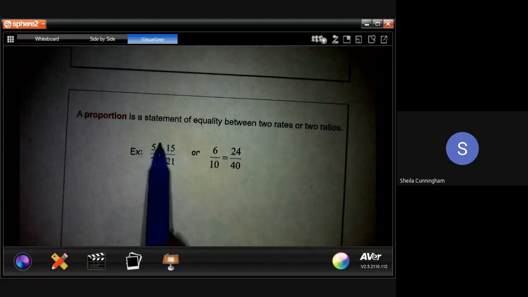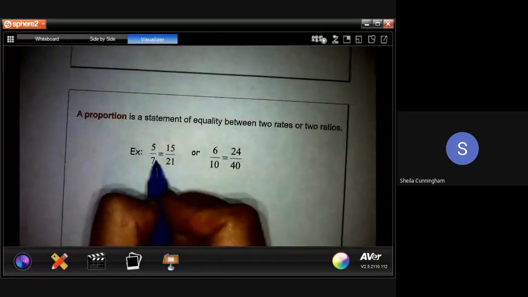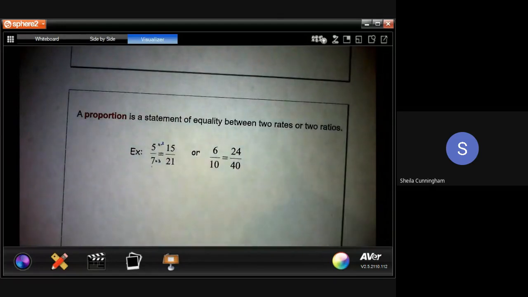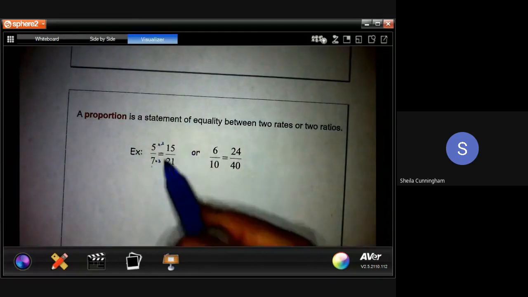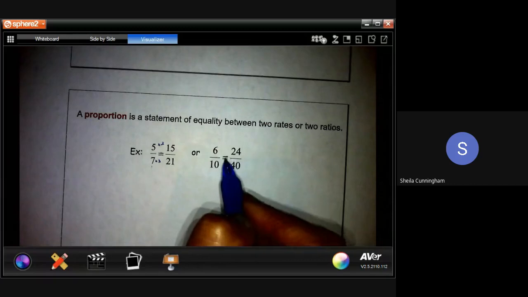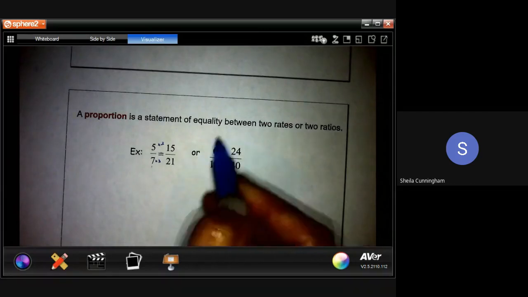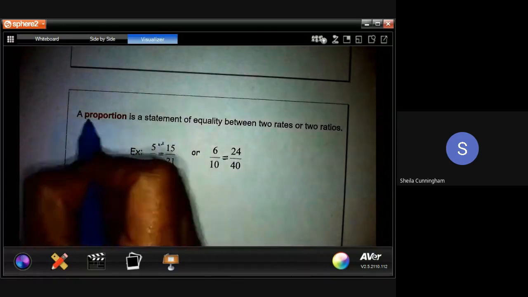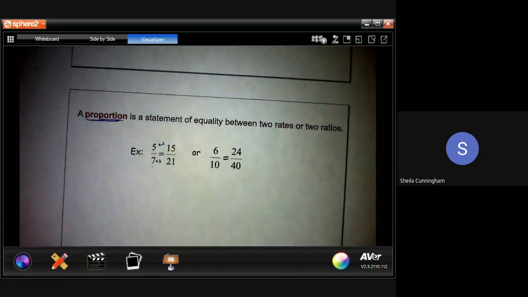What would I have to multiply the top and bottom of 5/7 by in order to get 15/21? All we did was multiply top and bottom by 3, and I got an equivalent ratio. By putting in this equal sign, all I've done is create what we call a proportion. A proportion is simply taking two equivalent ratios and setting an equal sign in the middle, just to show that they are equal.